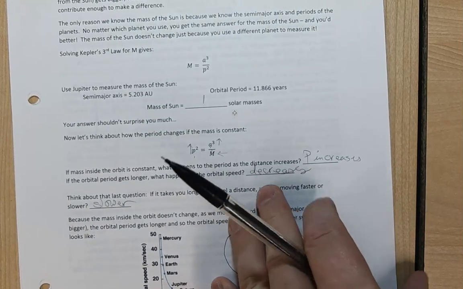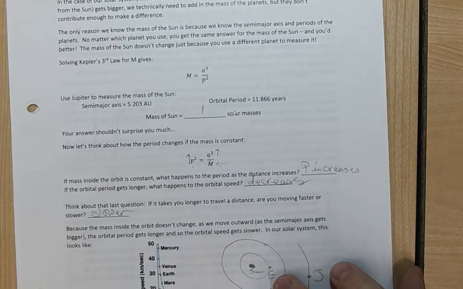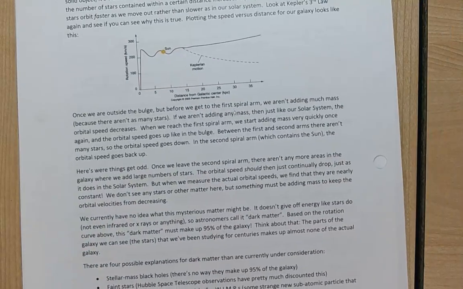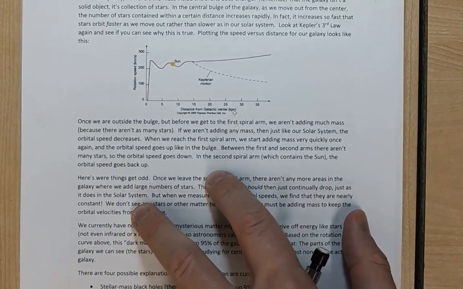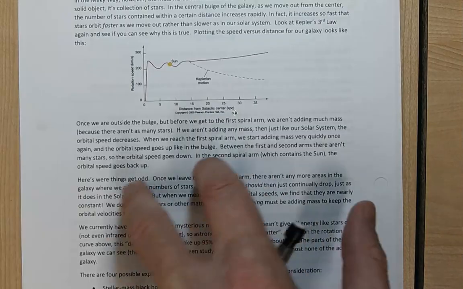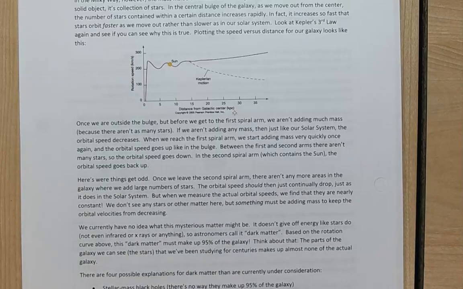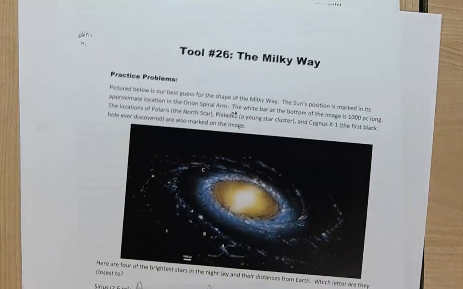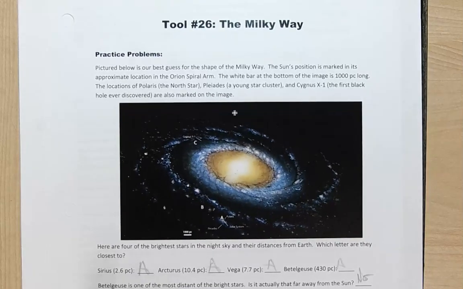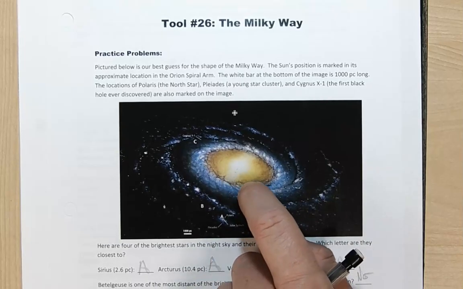Now, let's talk about a more complicated system like galaxies. If you're talking about the orbital speed of stars around the galaxy, then things get a little more interesting. Why? Because let's flash back to the Milky Way microtask. Our galaxy doesn't have just one object with all the mass.